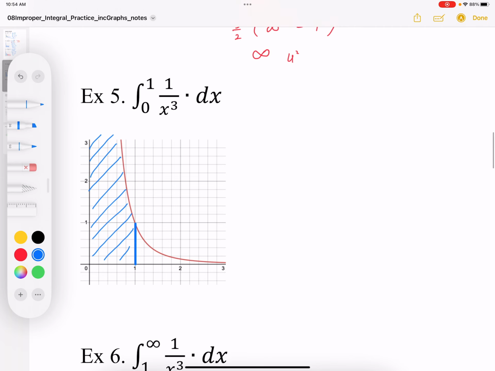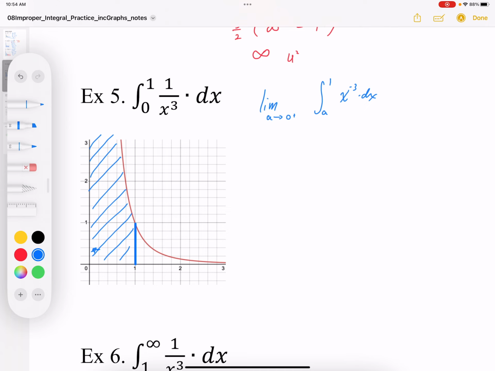So I'm going to approach that asymptote from the right-hand side. I need to set up my limit as a one-sided limit as a approaches 0 from the positive side, and it's going to be from my lower bound a to 1 of x to the negative 3 dx.